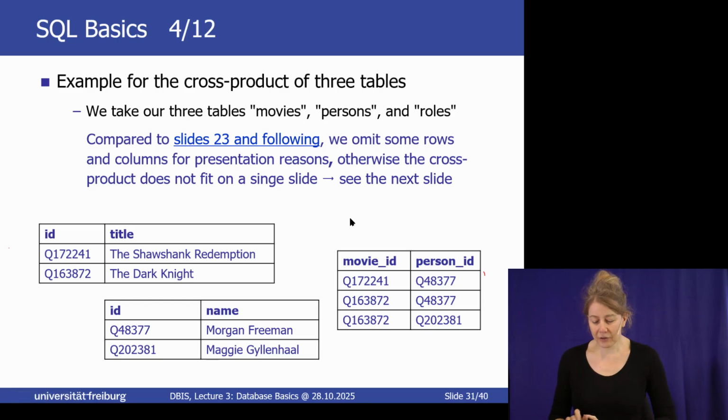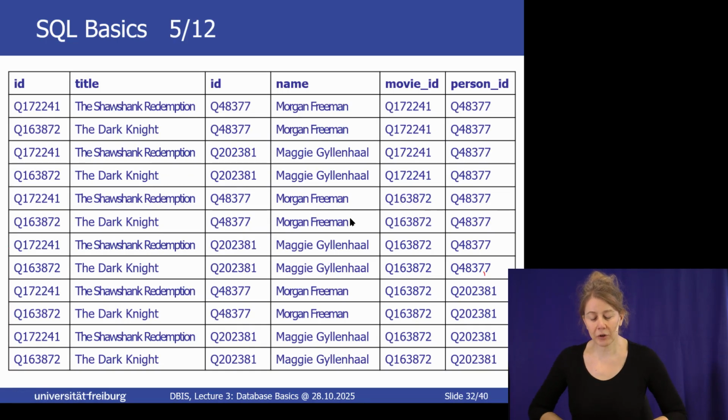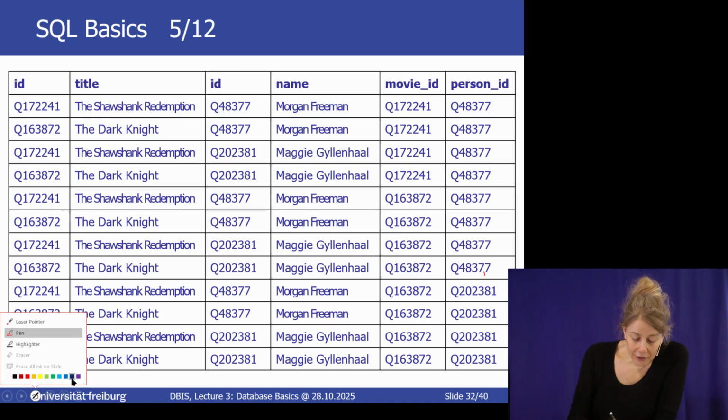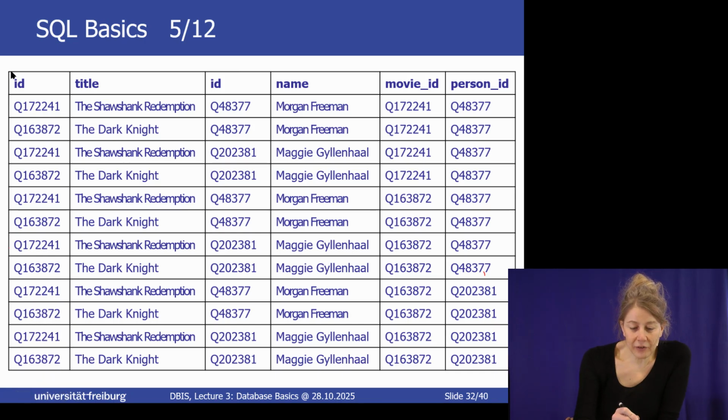And now let's look at that's the Cartesian product. And this is now, look at it, stare at it, and it's a lot of data, but it's actually simple enough. So these are from movies.